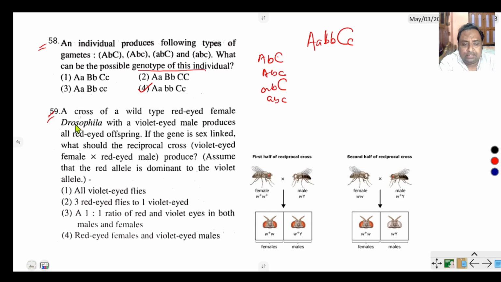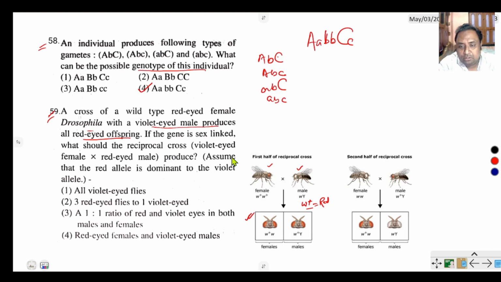Question 59 says a cross of a wild type red-eyed female Drosophila and a violet-eyed male produces red-eyed offspring. When we cross a red-eyed female and a violet-eyed male, all the progeny are red-eyed because W plus is the dominant character and represents red eyes. What should the reciprocal cross be?